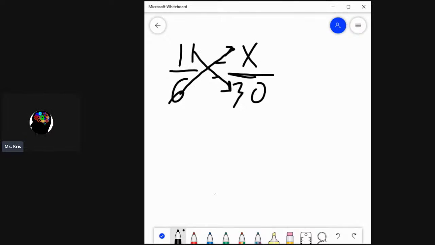So 6 times x gives me 6x. And 11 times 30 will give me 330.